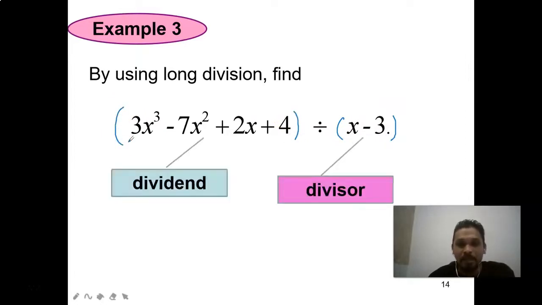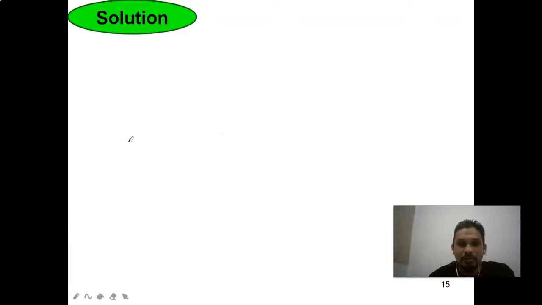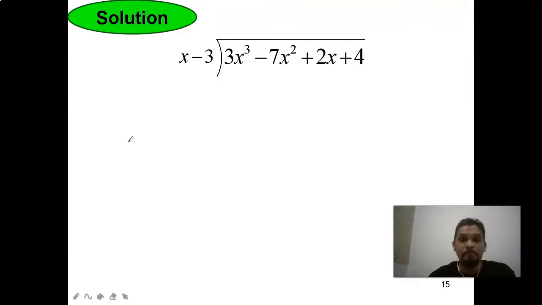As you see on the screen, we focus on the first term: 3x cubed divided by x. Just imagine that 3x cubed divided by x equal to 3x squared.